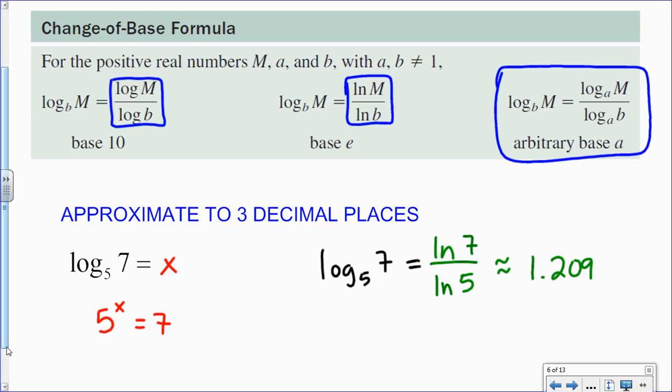But let's do common log too. So now instead of natural log, use the log base 10 button on your calculator.